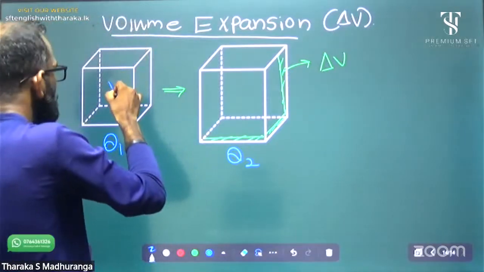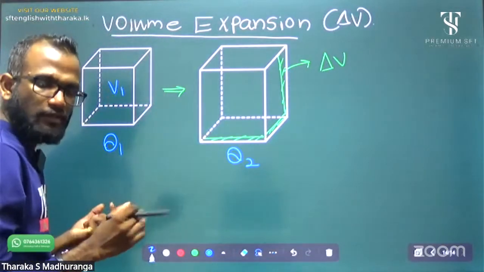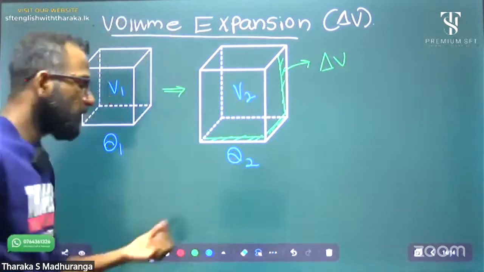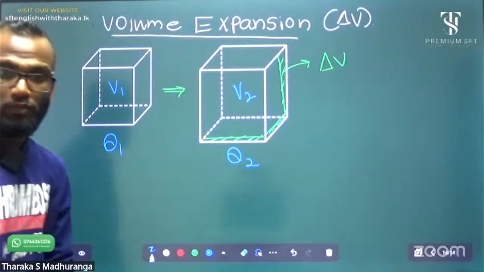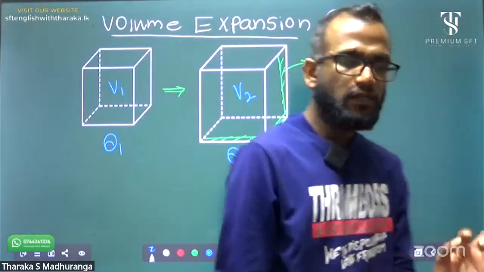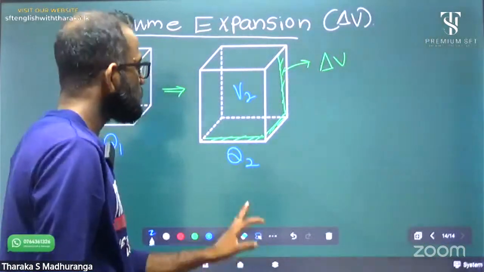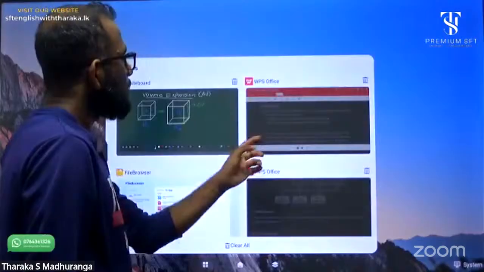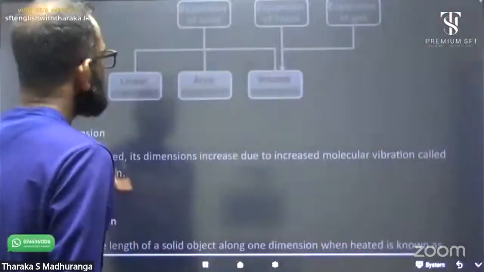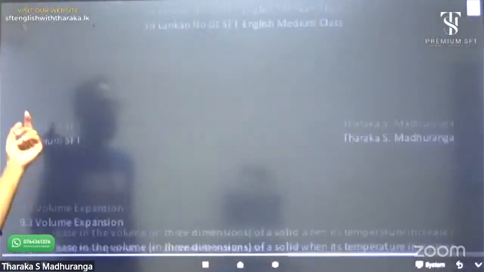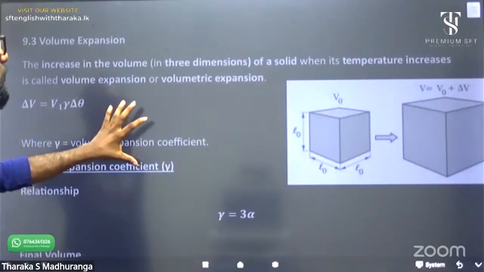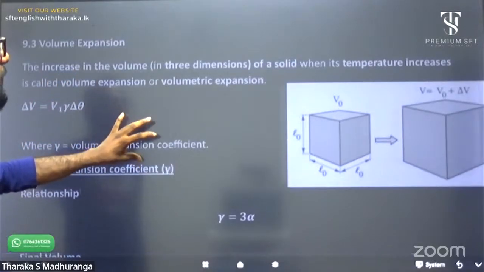The initial volume is V1, same as previous, and the final volume at theta 2 Celsius is V2. Volume expansion is the increase in volume in 3 dimensions: length, width and height.